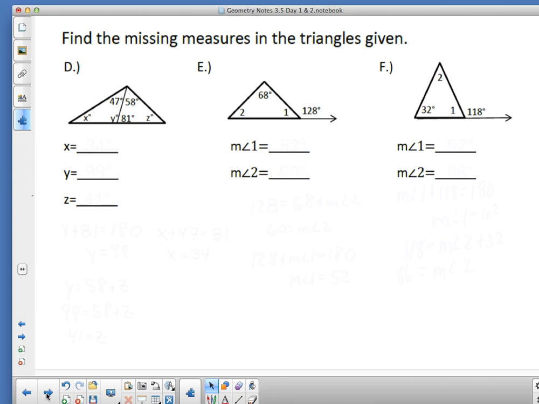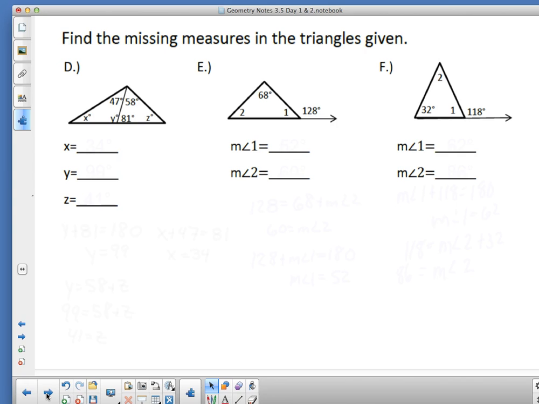Are you okay with that? Okay, because that's just the relationship that we're doing. Are you okay that this is 99? Because y plus 81 is 180. Okay. X plus 47 is equal to 81 as well, because that's the exterior angle and these are remote interiors.